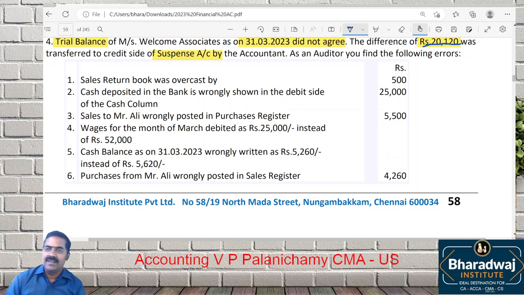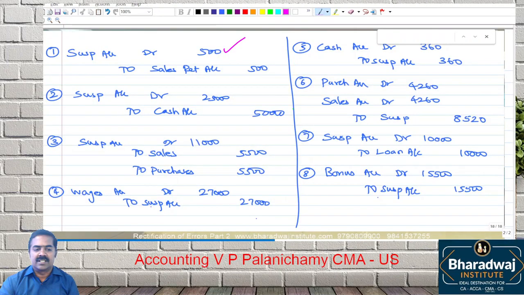When you deposit cash in the bank, does cash come in or go out? It goes out, so you should have credited. Instead of that, what have you done? You have debited. Suspense account debtor to cash 50,000, not 25,000. Which side should you have recorded?